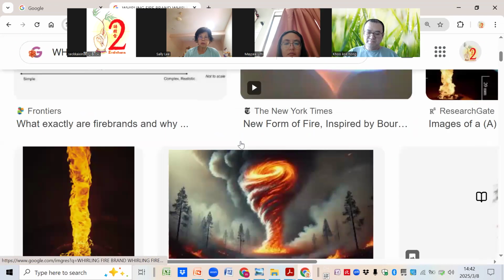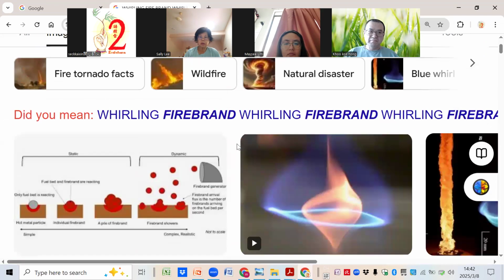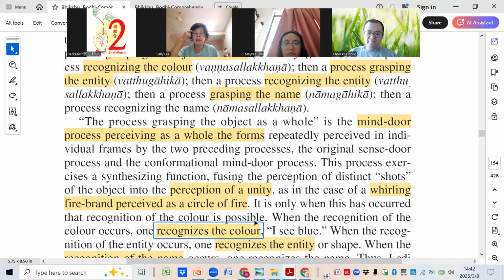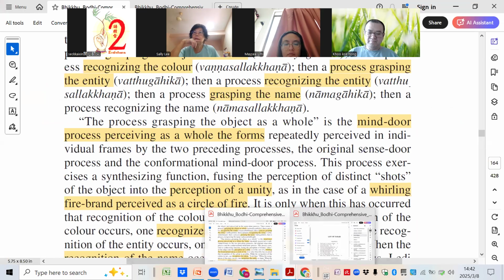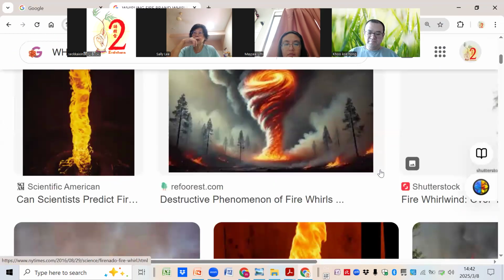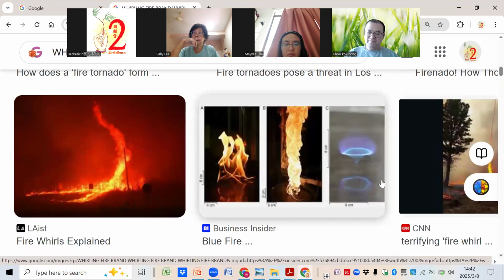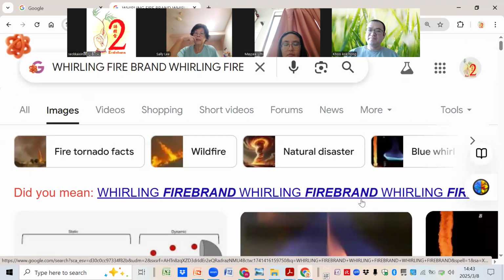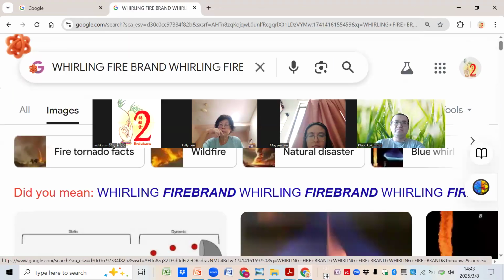See? So terrible. Wielding firebrand. How did this happen? Press the circle of fire. Okay. Now you see, for example, this is the wielding firebrand. How do we call this?